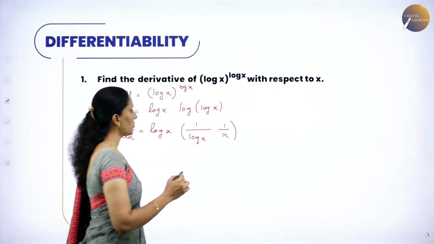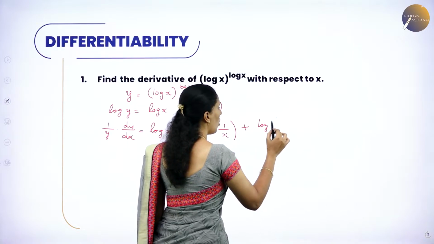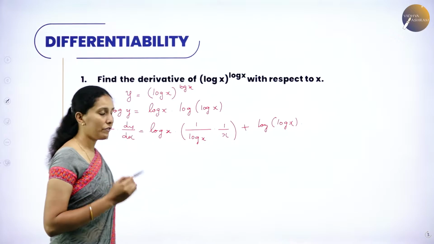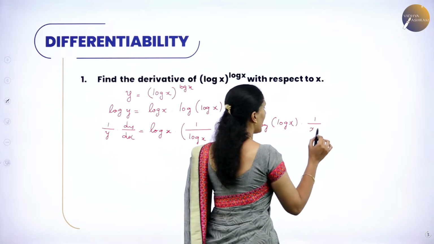Next we have plus second function, that is log of log x, and derivative of the first function, that is log x, which becomes 1 by x.